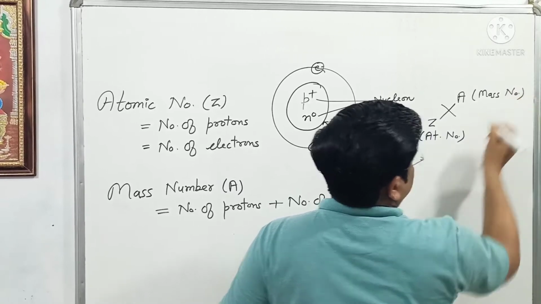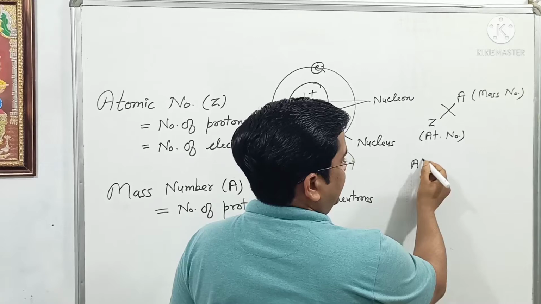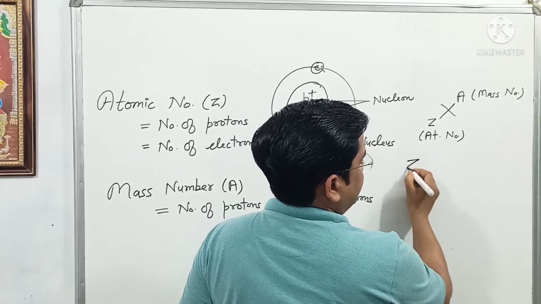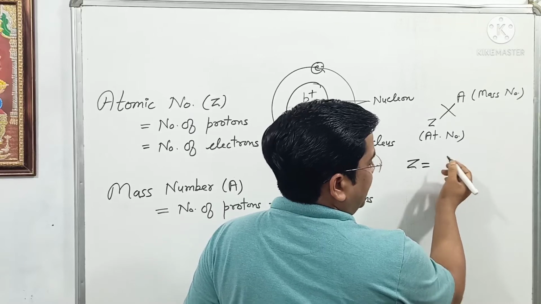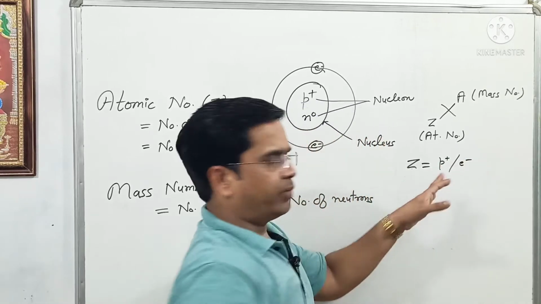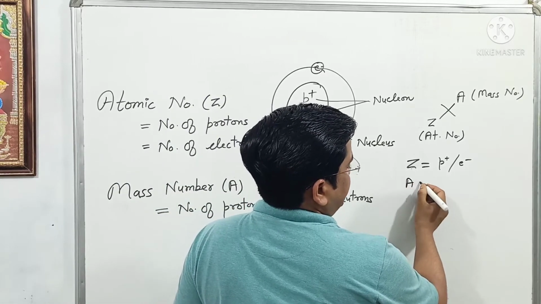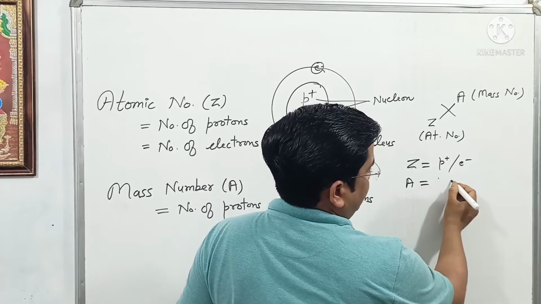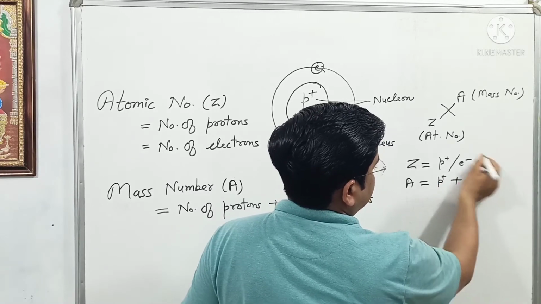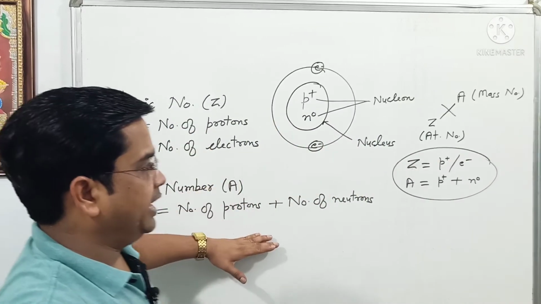And I said clearly that atomic number, that is Z, is equal to the number of protons or the number of electrons. In a short way I am writing. And mass number is equal to the sum of protons and neutrons. Okay friends, this is the short way to write. In a broad way I gave you the idea.